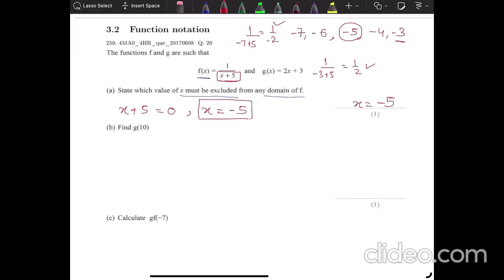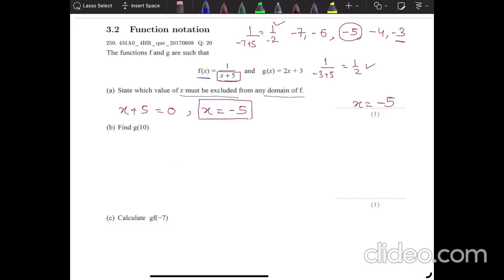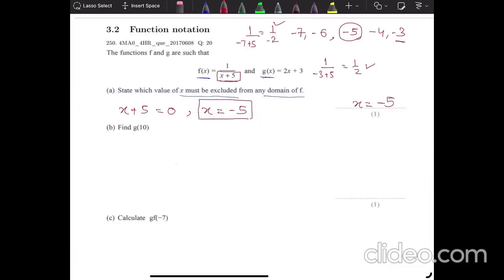Okay, in part b they are saying find g(10), and g(10) means they are trying to work on the function g(x). So we are going to take the function first, that my function g(x) is given as 2x plus 3.